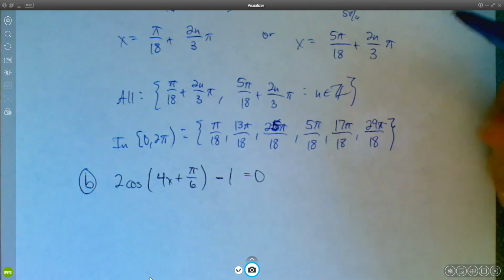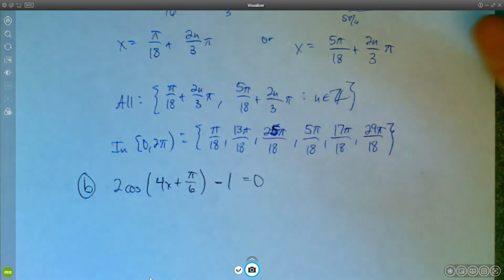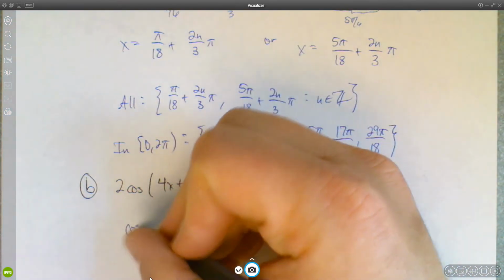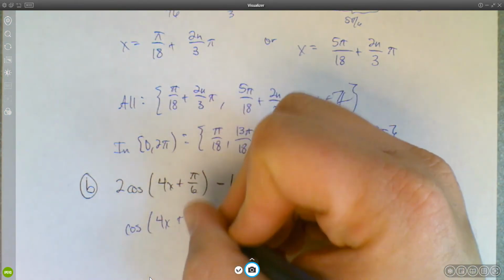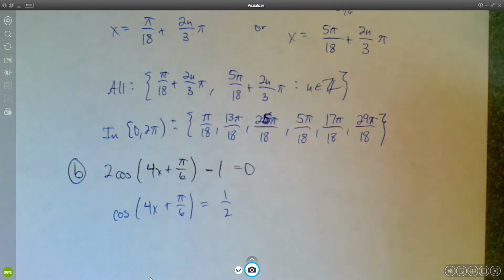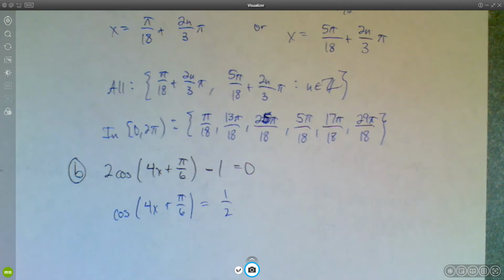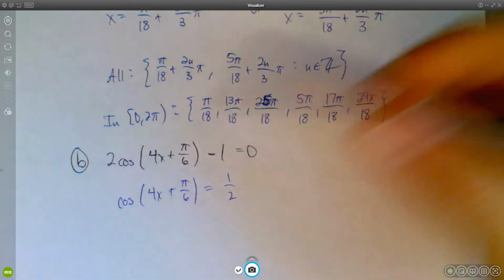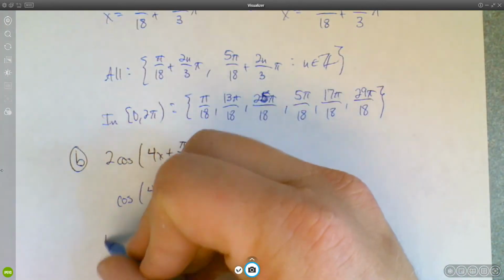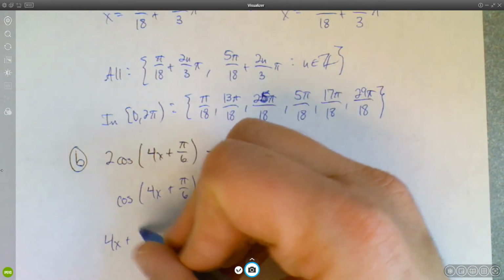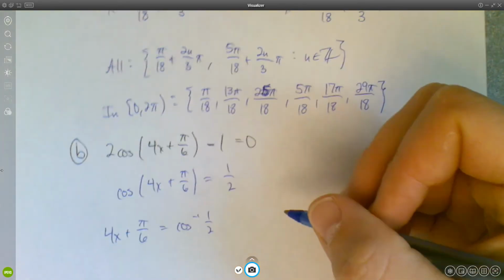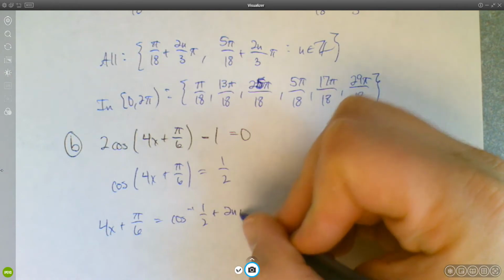Okay, here's my solution. The first thing I need to do is isolate the cosine. So I'm going to add 1 and then divide by 2 to get cosine of 4x plus pi over 6 equals 1/2. Okay? Now I can apply the rule for cosine, and I can say, if cosine of this stuff equals 1/2, then that means the stuff equals cosine inverse of 1/2 plus 2n pi.